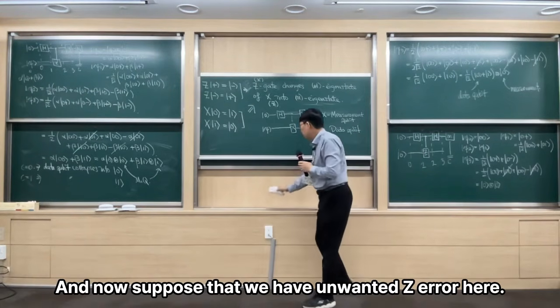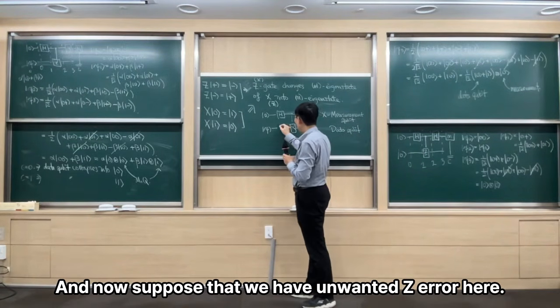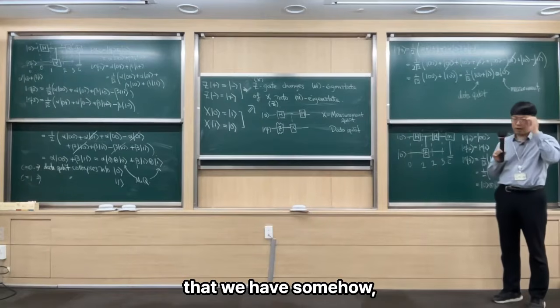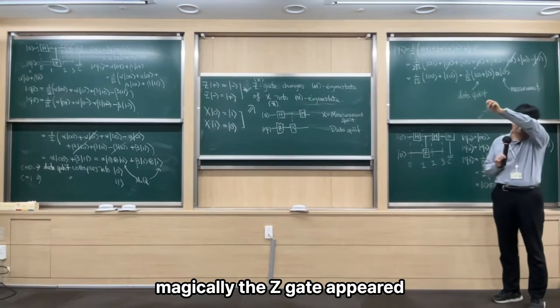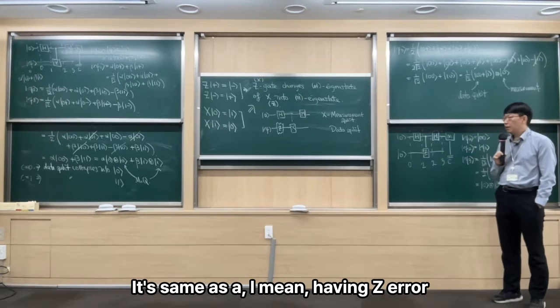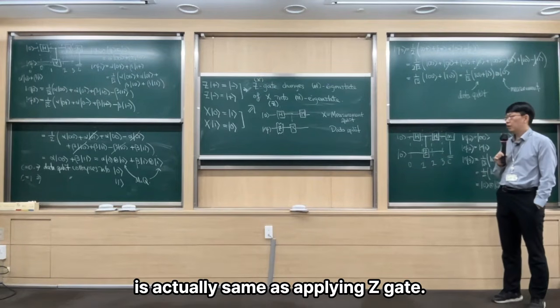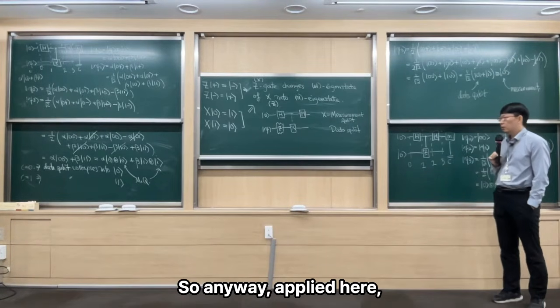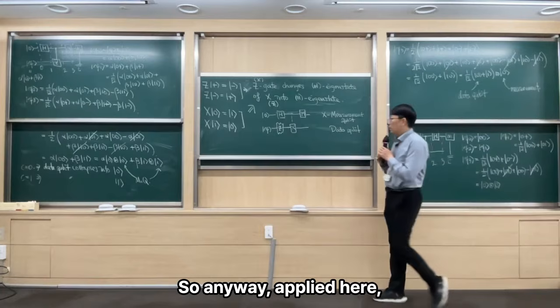And now suppose that we have an unwanted Z error here. Having a Z error means that the Z gate somehow magically appeared in our circuit. It's the same as applying a Z gate, but that's an error, so it's not our intention. So anyway, it is applied here.